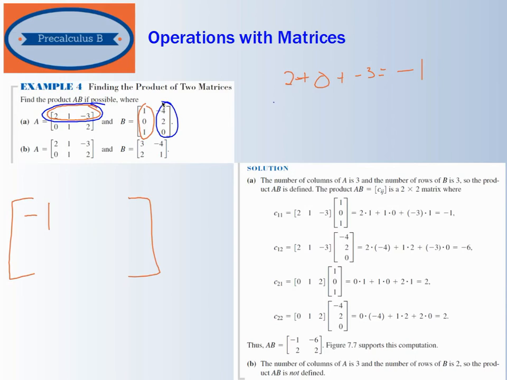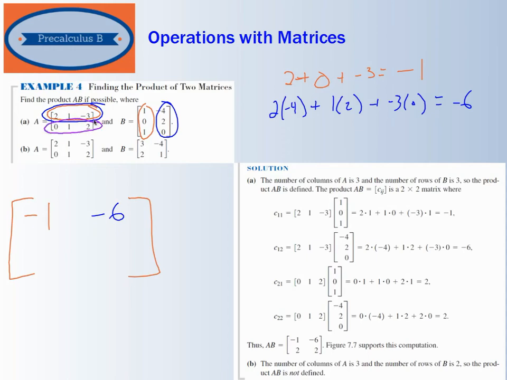So 2 times negative 4 plus 1 times 2 plus negative 3 times 0. It's negative 8 plus 2 is negative 6 plus 0 just gives me negative 6. So we would get a negative 6 in the next position. I'm intentionally using different colors here when I circle just so you can see exactly what's being multiplied each time.